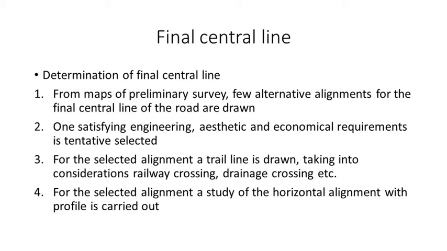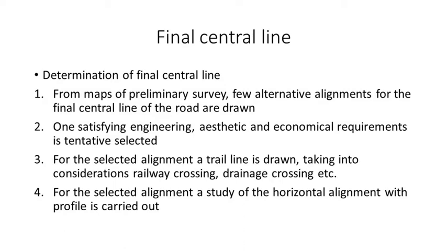So the first stage is: from the maps of the preliminary survey, a few alternative alignments for the final central line of the road are drawn. Out of that, one satisfying engineering construction, aesthetic view, and economical requirements is tentatively selected. We select a single one which satisfies engineering, aesthetic, and economical requirements.